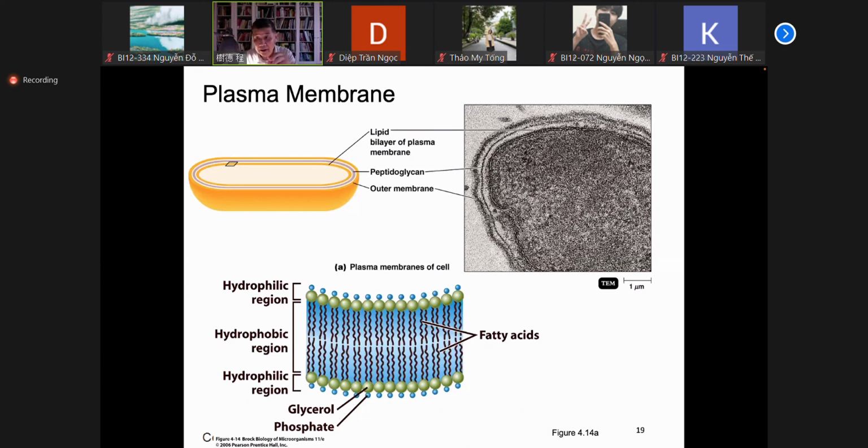Phosphate is negative, and then the positive region will orient towards this phosphate. So these are the theoretical structure.